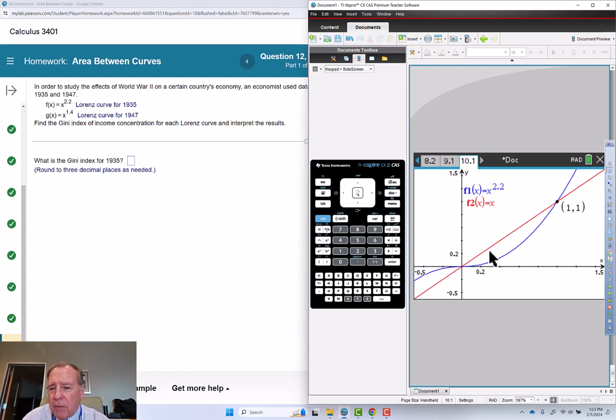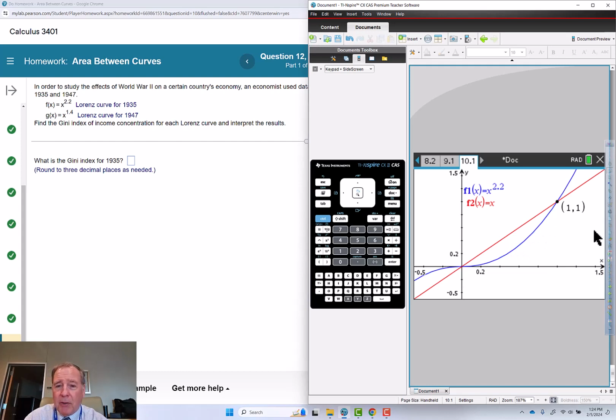And what we're going to do is find the area between y equals x and the Lorentz curve here, and then divide that by the whole area of this triangle. Well, this is 0, 0, this is 1, 1, so that would be a 1 square unit square, so slicing it in half diagonally. So we're dividing by 1/2 once we get this area.